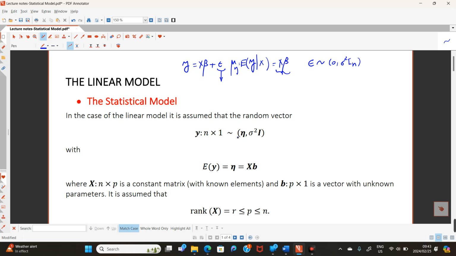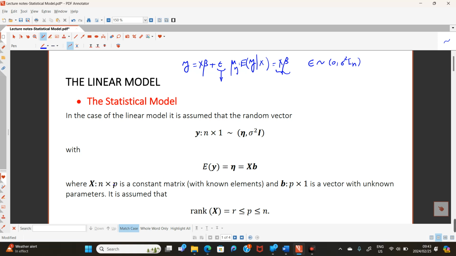Okay, coming back to the usual model. So the response has these characteristics, and the expected value of y is given by eta, which we consider Xb. Here in my notes, instead of beta, I considered b.